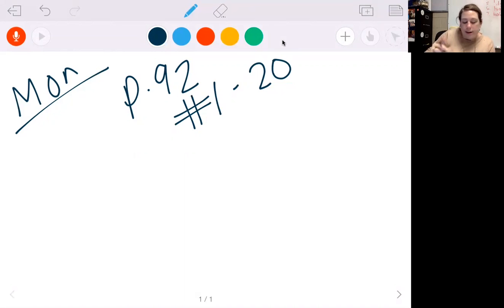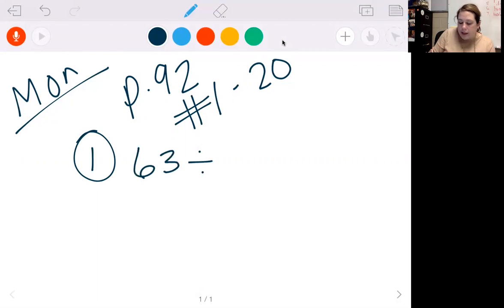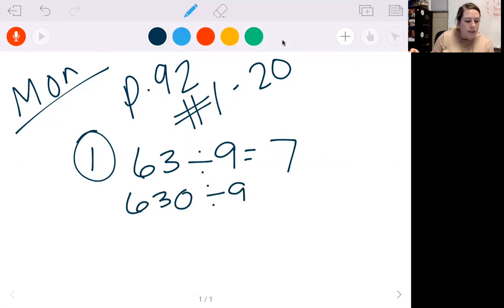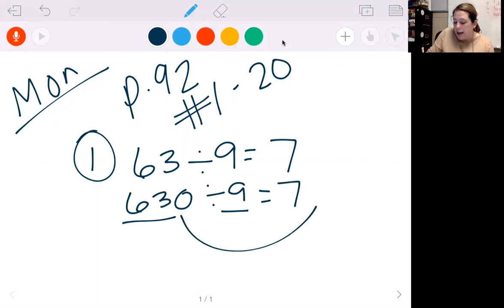On number 1, let's do that one together. I'm going to do a sample problem with you. So it gives you 63 divided by 9. We know that equals 7. Then this is where they have the patterns, where we have something like this. That's where I underline and I divide the non-zero digits, and I get 7, and I add that 0 over to this side.